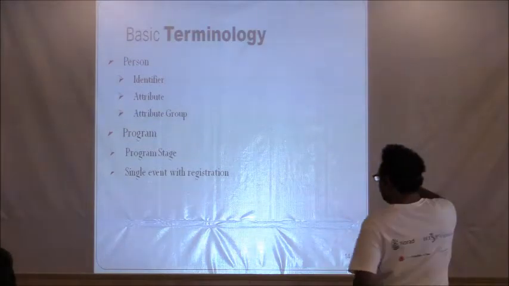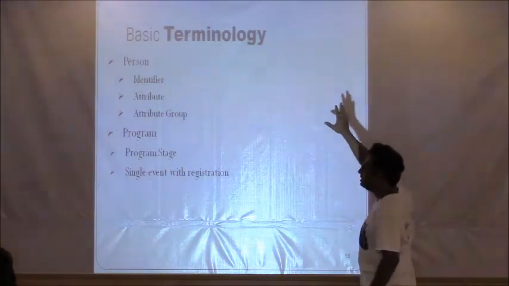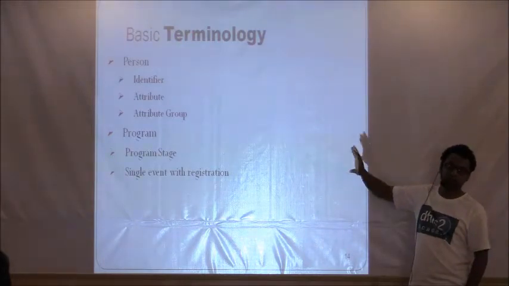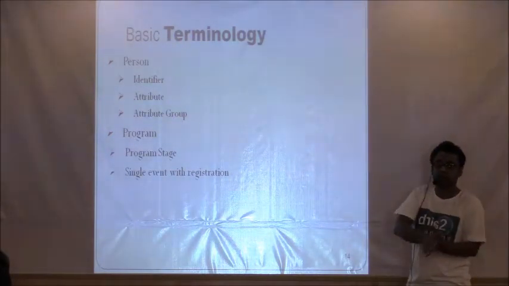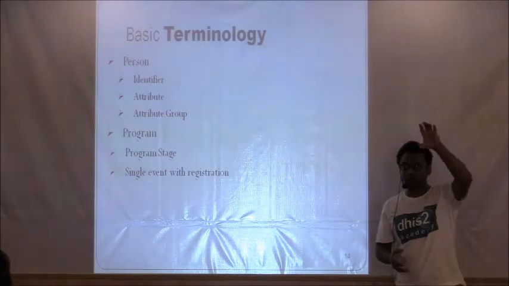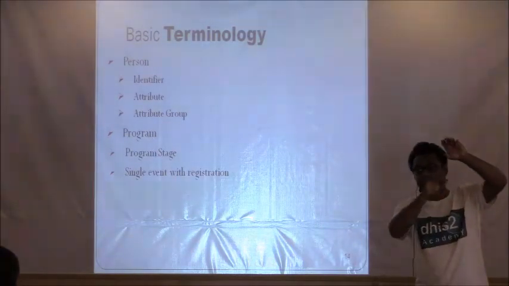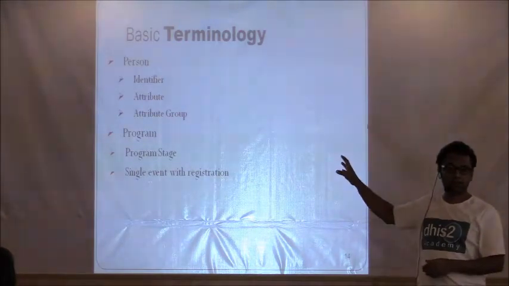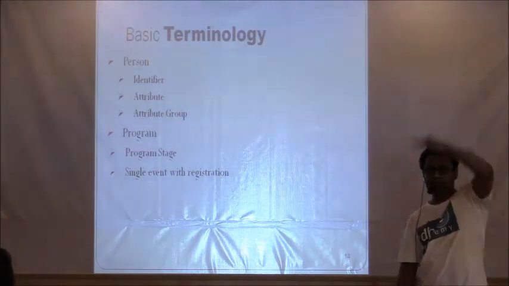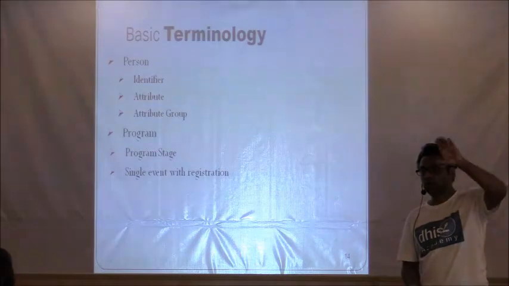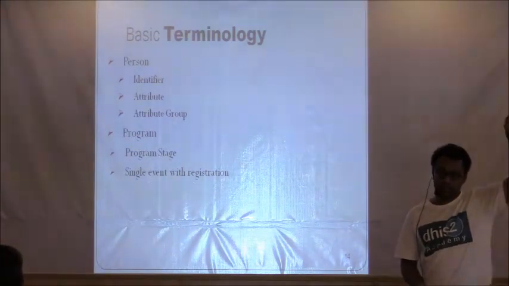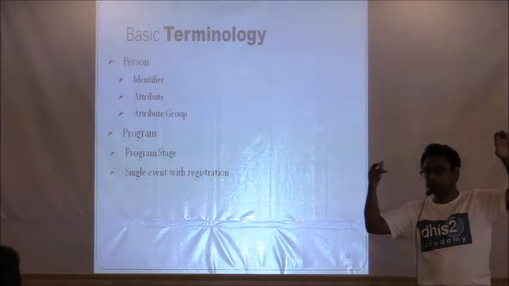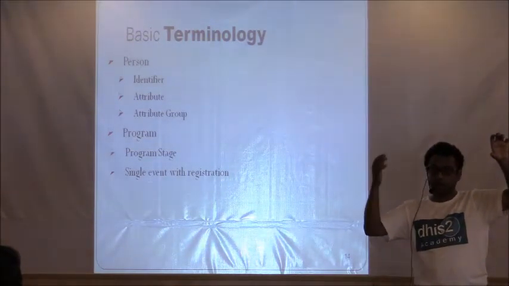So three slightly different concepts: person, identifier, attribute. And an attribute group is nothing but grouping different attributes together. For example, you can have a demographic attribute group, an educational attribute group, and different kinds of things inside, just to make a group of the attributes. If you have a long list of attributes or personal details, you can group them, with contact information as one attribute group, including telephone number, email address, URL, all those things.